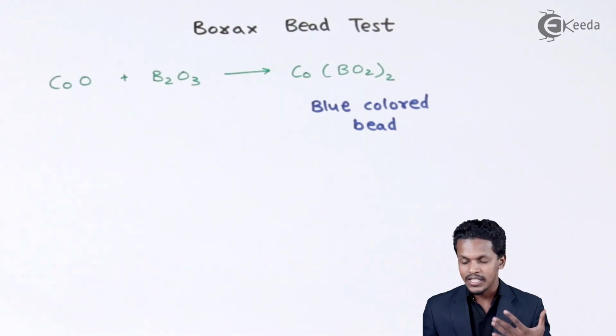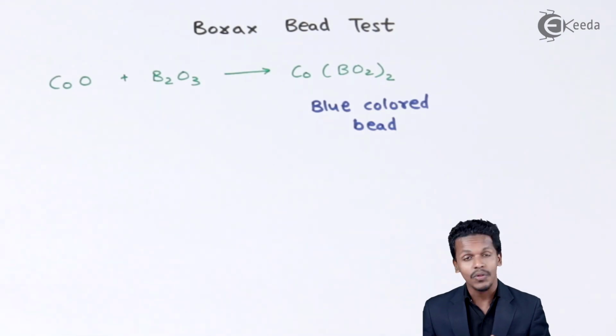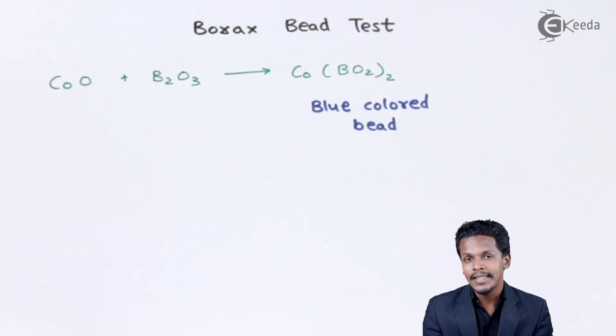This is the substance which is blue in color, so we could also say it is a blue colored bead. During this test, the borax, which yields B2O3, reacts with the metal oxide, and the blue color is obtained.